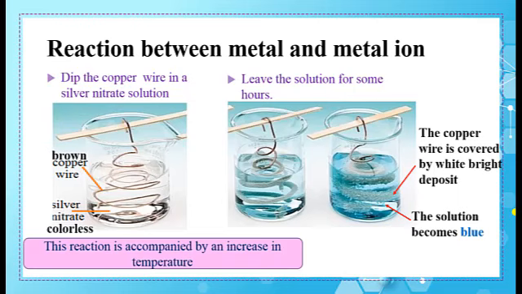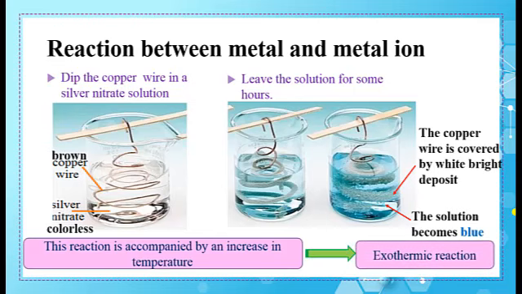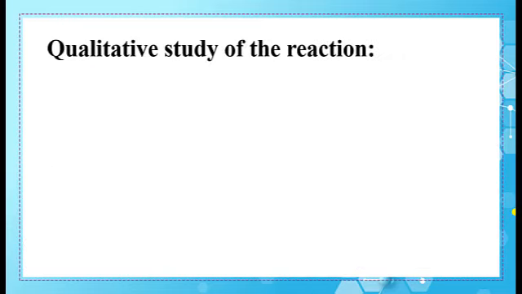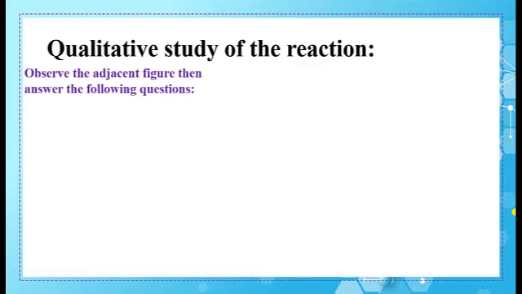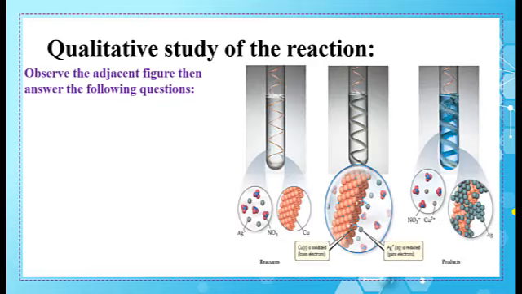It is also important to note that this reaction is accompanied by an increase in temperature. Then we can say that it is an exothermic reaction. Qualitative study of the reaction. Let's observe the adjacent figure, then we have to answer the following questions.